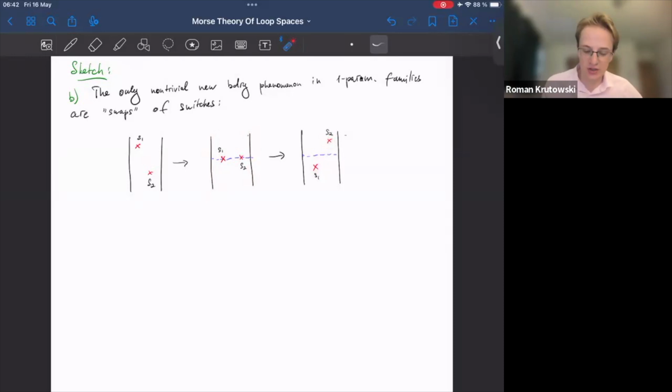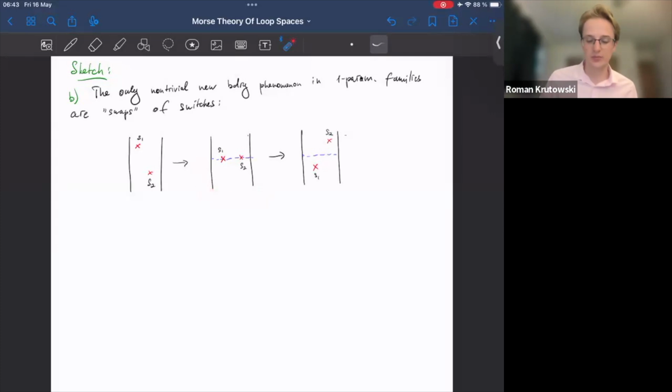But it is important that if they come to the same point, this will introduce a tangency for the multipath on this level, and it would be of lower codimension, and any other degeneracies with respect to partitions of the number of these markers will all be of much bigger codimension. So that's the only thing that can happen.